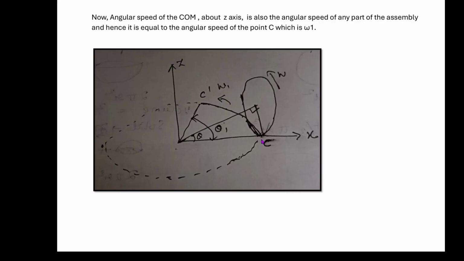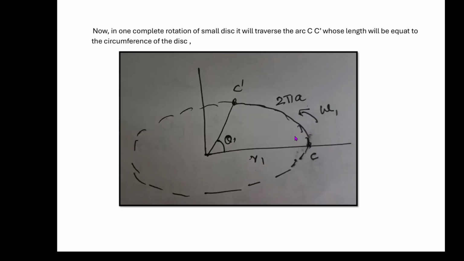Now with one rotation of this disk at omega, and this particular rotation will be at omega 1. So when you have one complete rotation of the small disk, it will cover this arc, CC dash, which will be equal to the circumference of the small disk, which is 2 pi a.